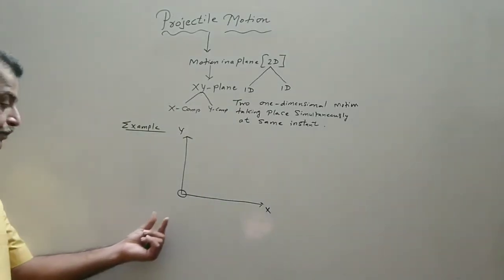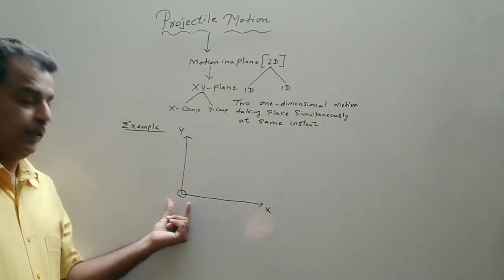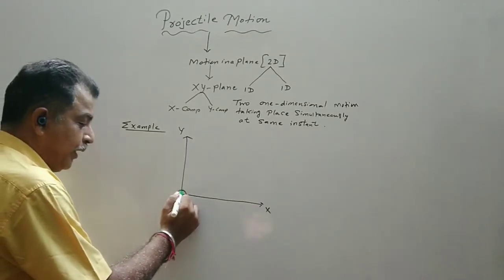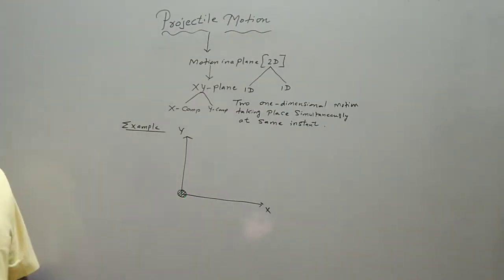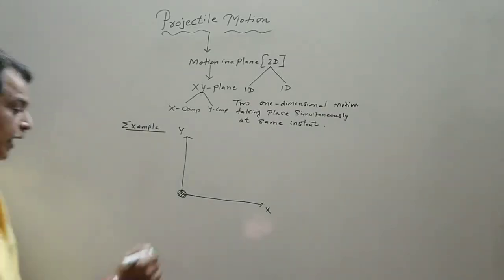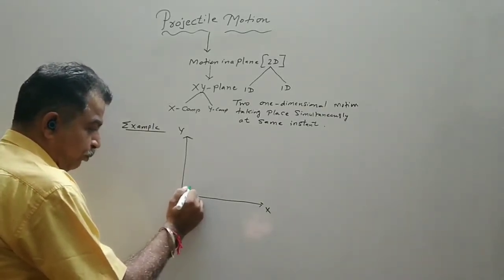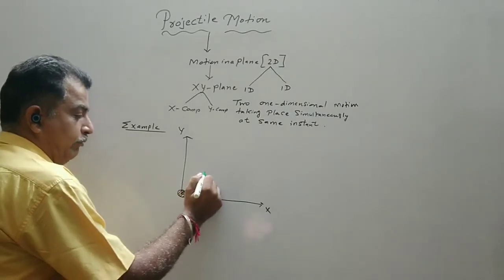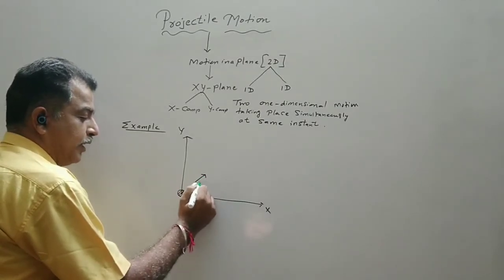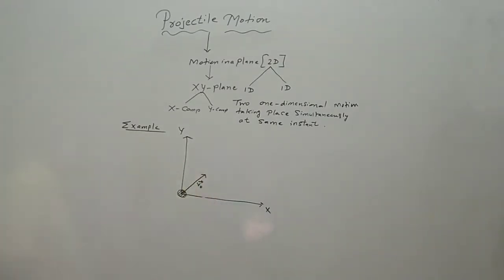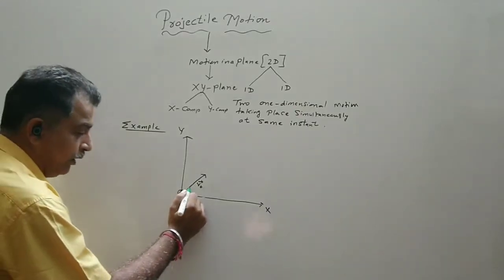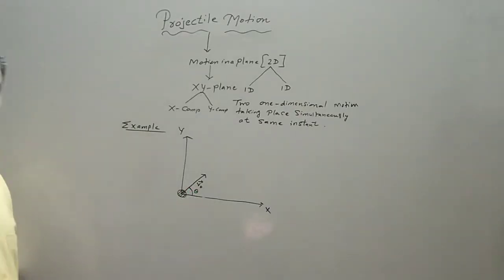Initially, the football is at the origin, and suppose this football is kicked with initial velocity v0, making an angle theta with the x-axis.